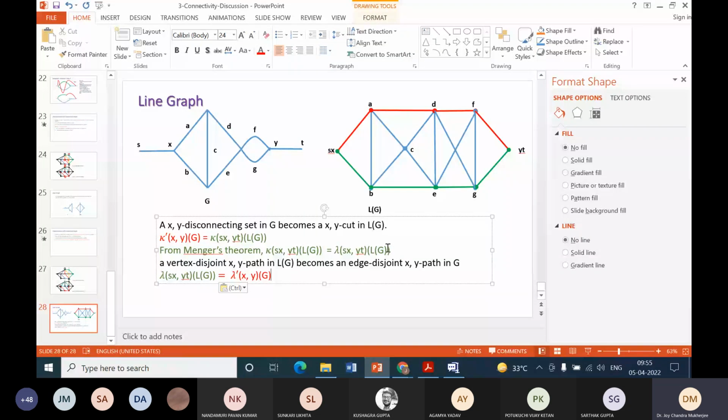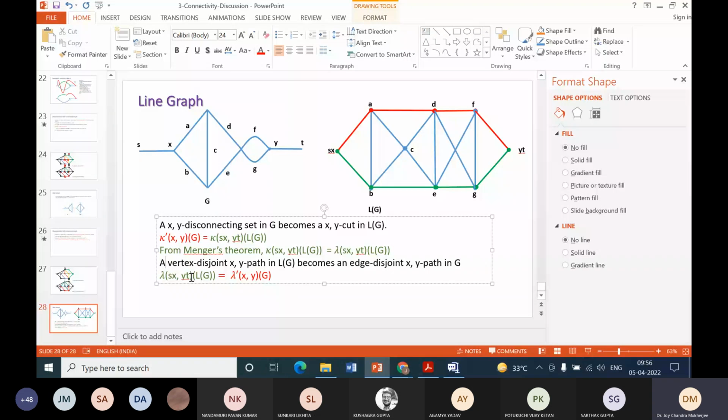If these are vertex disjoint paths, equivalently they are edge disjoint paths in G. Since a vertex disjoint xy path in LG becomes an edge disjoint path in G, lambda sx yt is lambda prime. So chi prime xy in G equals lambda prime xy in G. A equals B, B equals C, C equals D, that means A equals D. So that's pretty simple.